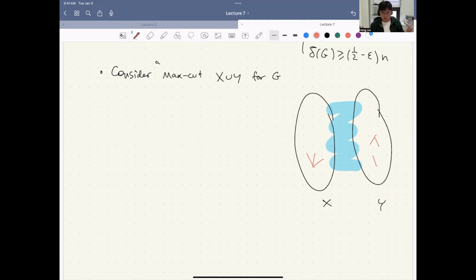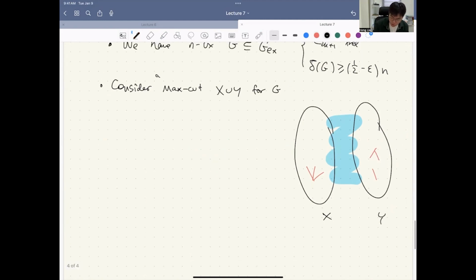Well, let's first control the size of X and Y, as we said. They must be close to n over 2. First of all, as this is max cut, and apply the stability on G, what do we know?